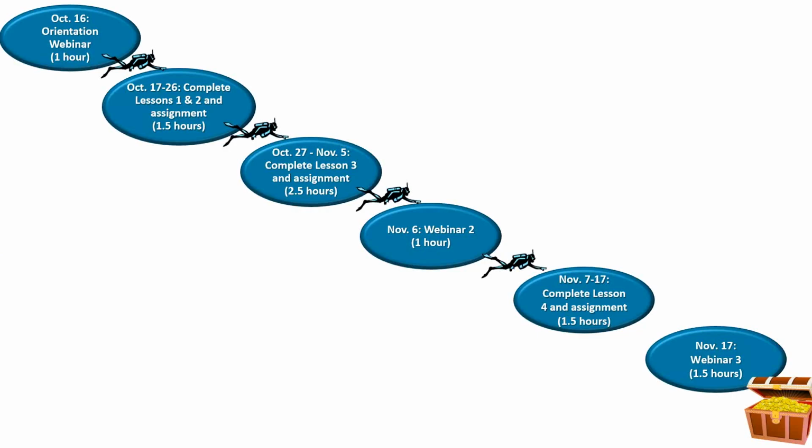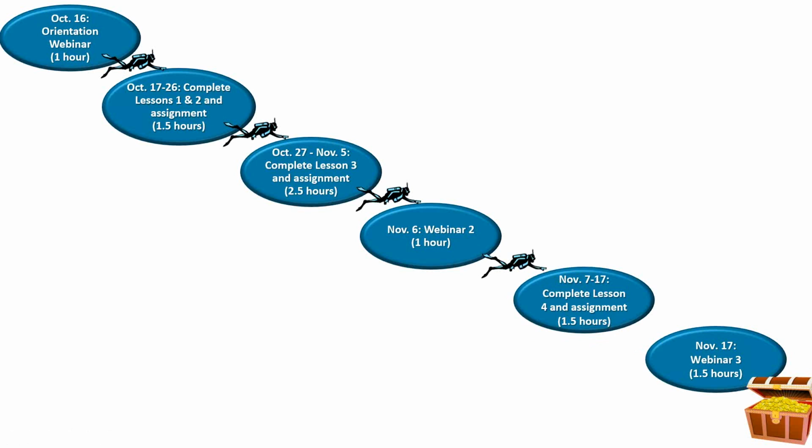If you have been on the other webinars, you've seen this course schedule. I just wanted to show it one more time. So you've swum all the way through the course. The last thing that you would have worked on is here, the lesson 4 and assignment.